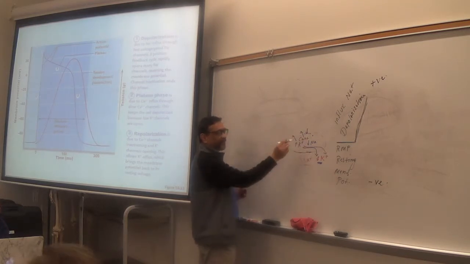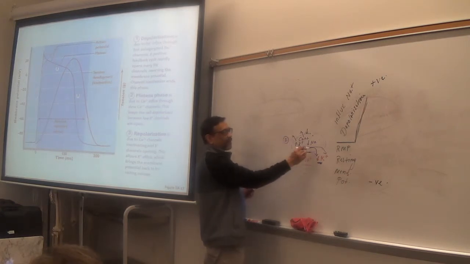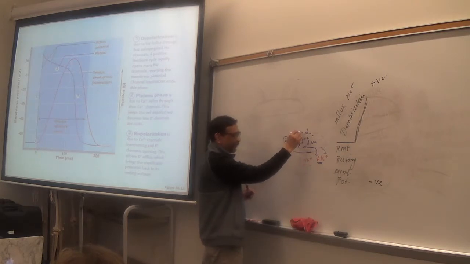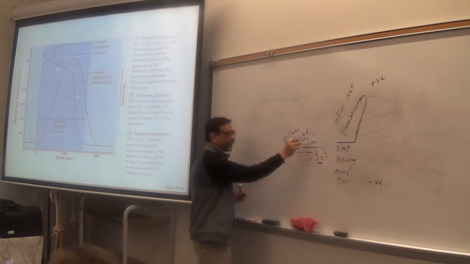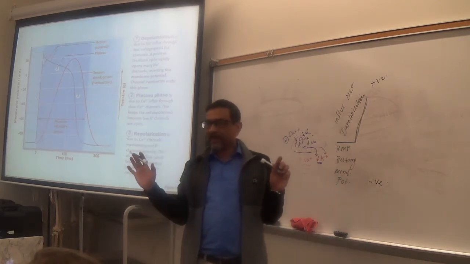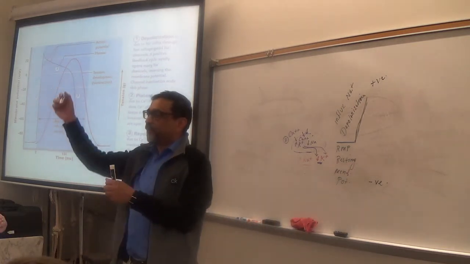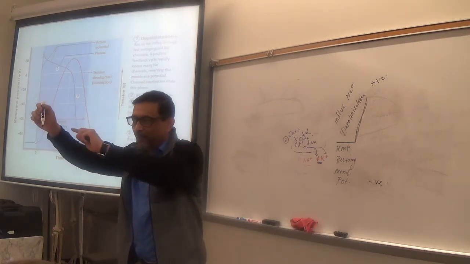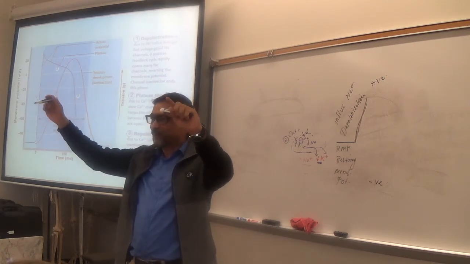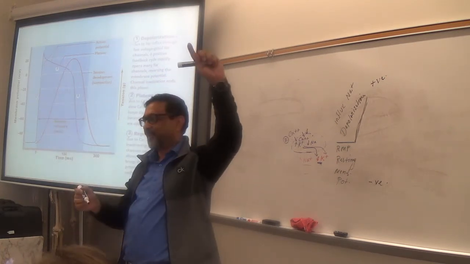So two things happen in second phase. Potassium will get out. Calcium will get in, sorry. Now both are positive. So you tell me, if one positive gets in, one positive gets out, what will happen? Almost no change. Make sense? Because one positive is getting in, one positive is getting out.